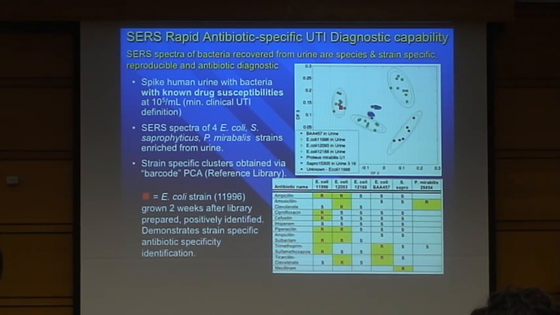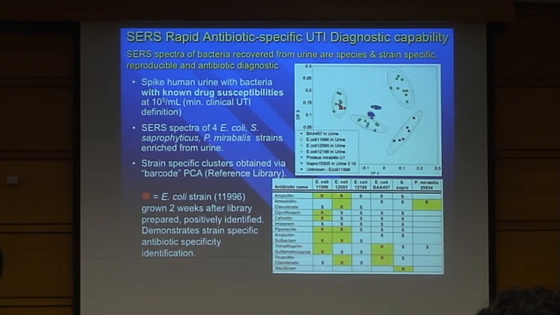The point I want you to appreciate, in order to see how this would have value, is that our library is already informed by the drug susceptibilities of each of these strains. So it's not just species, it's strains, right? So I have information on the drug resistance and susceptibility. So we came back weeks later, grew up one of those strains, and sure enough, it clustered with this 11996.